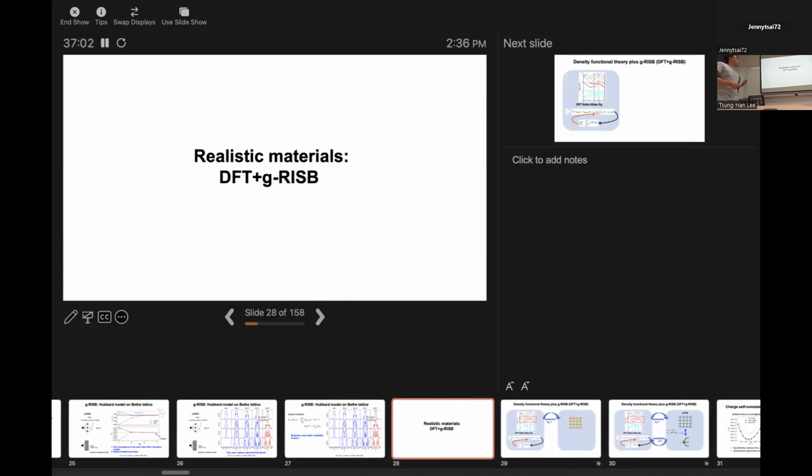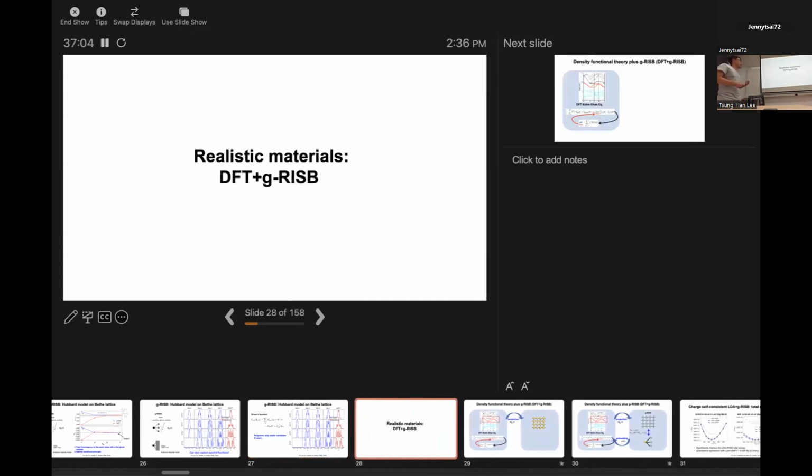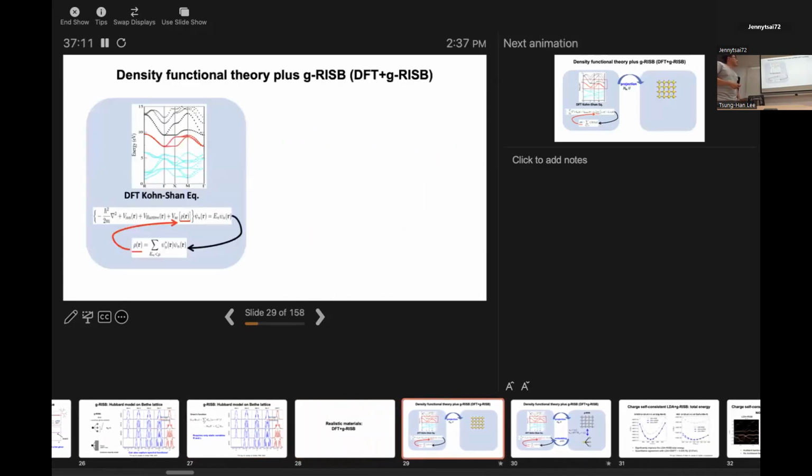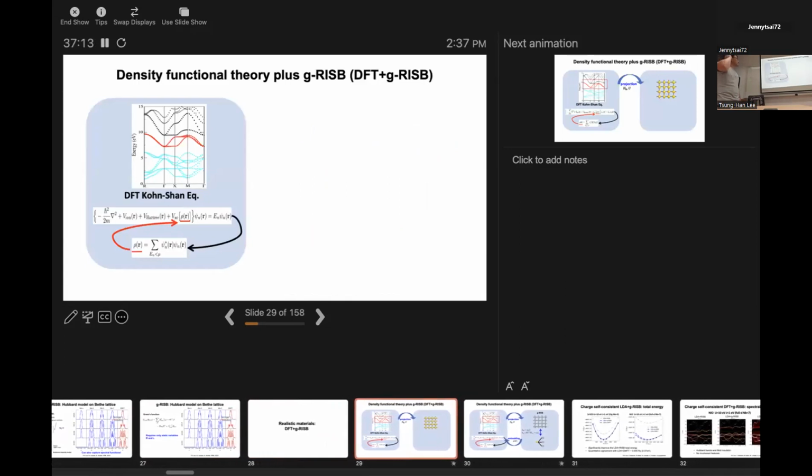And here we also try to combine this approach with DFT to simulate more realistic materials. The idea is that we have these DFT constraint equations. When we solve them, we can get a band structure.